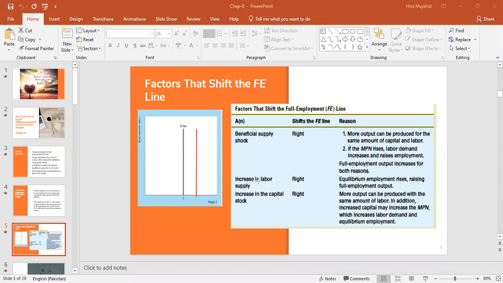If there is an increase in labor supply, this curve will shift again to the right, because equilibrium employment rises, raising full employment output. If there is an increase in the capital stock, it again shifts to the right, because more output can be produced with the same amount of labor.